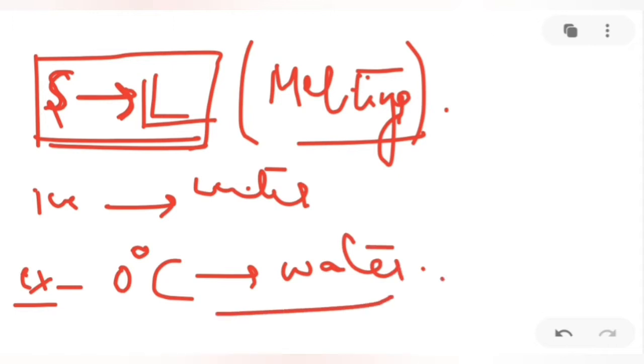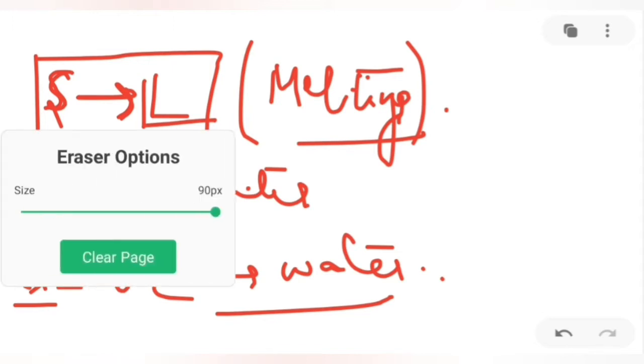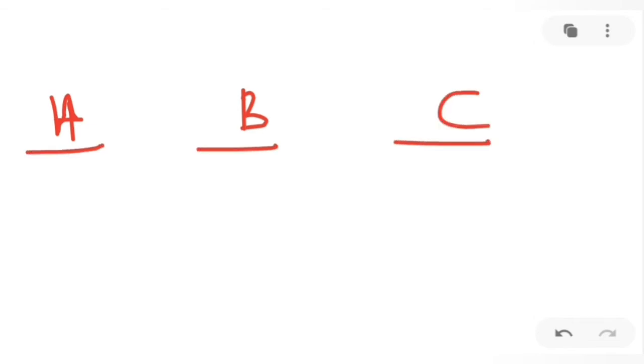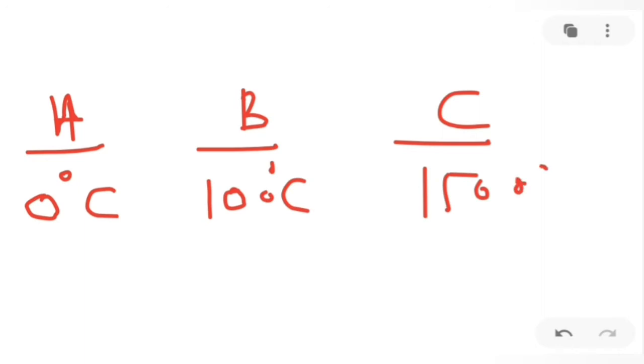And one more thing you all should remember here is that the higher the melting point of a solid substance, the greater will be the force of attraction between its particles. See how? Suppose there is a substance A, another substance B, and another substance C. One has a melting point of 0 degrees Celsius, another has say 100 degrees Celsius, and the other has 1500 degrees Celsius.